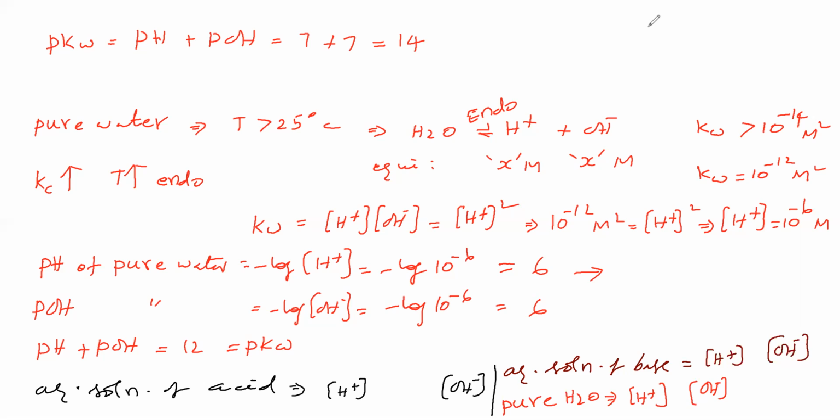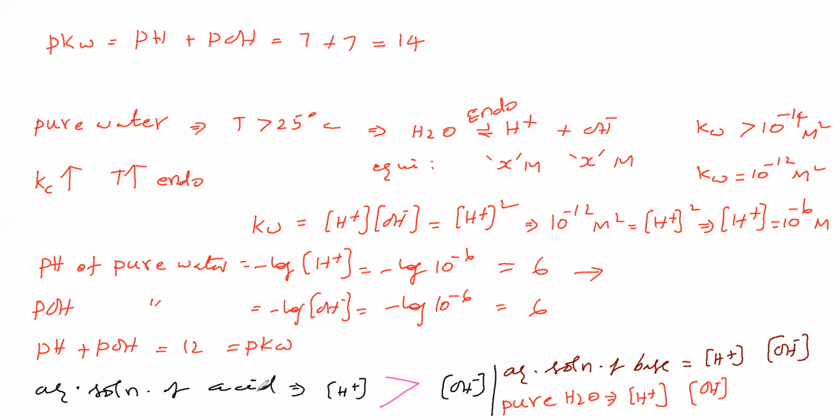Now see, listen to this point carefully. Acidic solution means in that, the concentration of H plus will be greater than the concentration of OH minus at whatever the temperature.